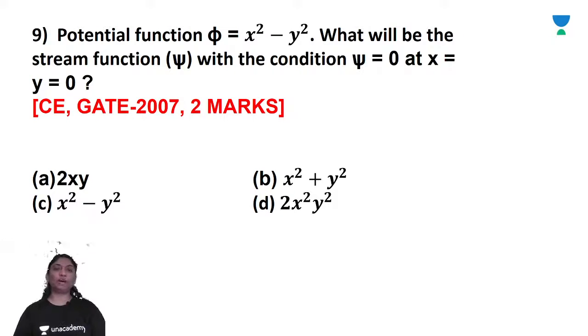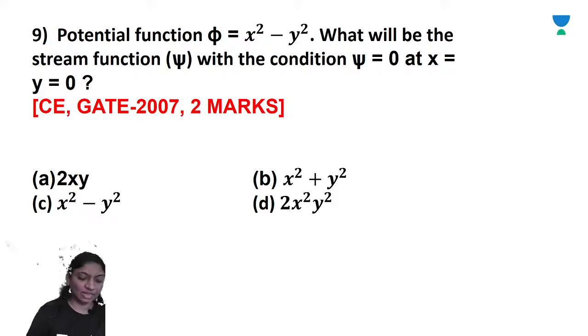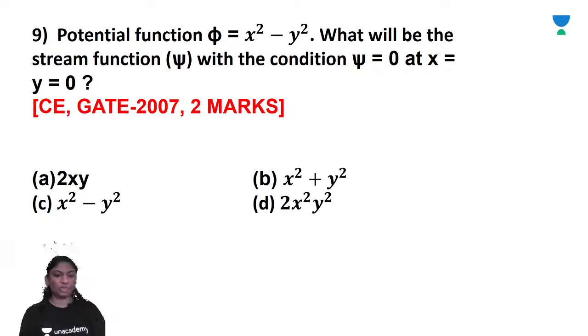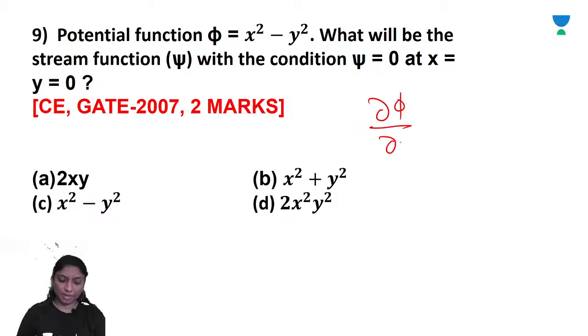Potential function phi is equal to x square minus y square. What will be the stream function psi with the condition psi is equal to 0 at x is equal to y is equal to 0? So you will get del phi by del x is equal to del psi by del y, which is equal to 2x.